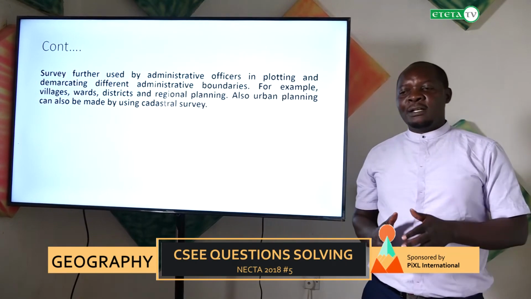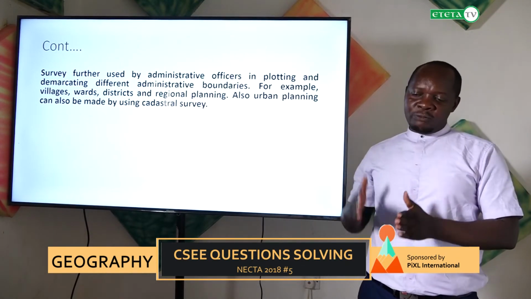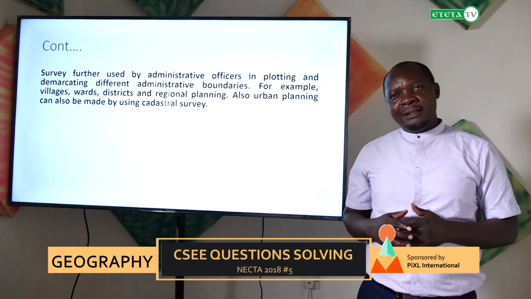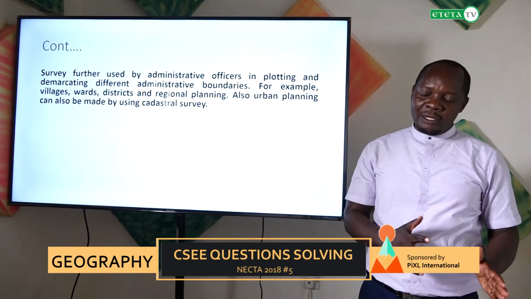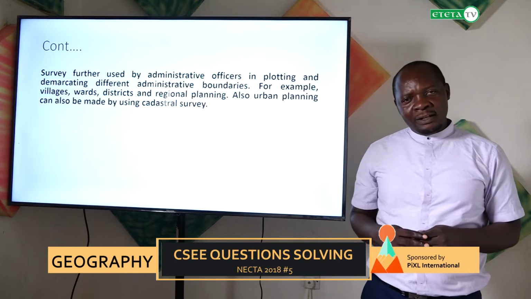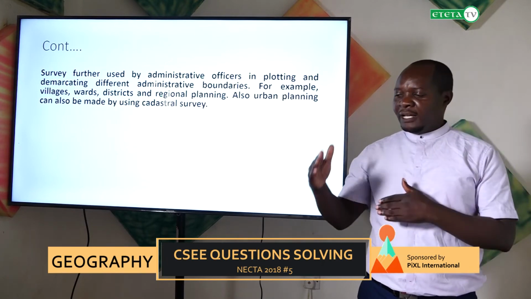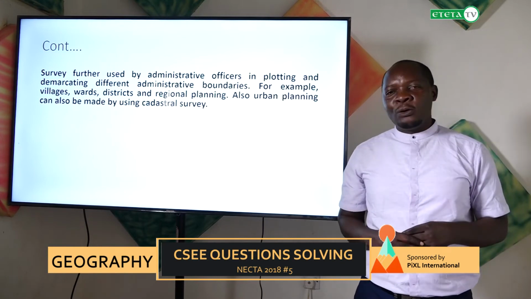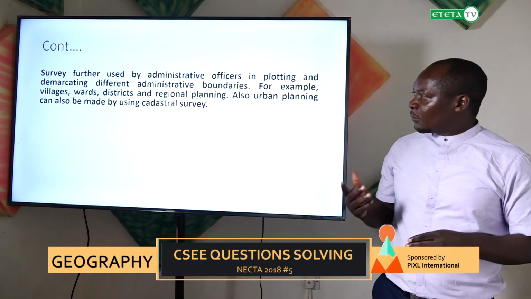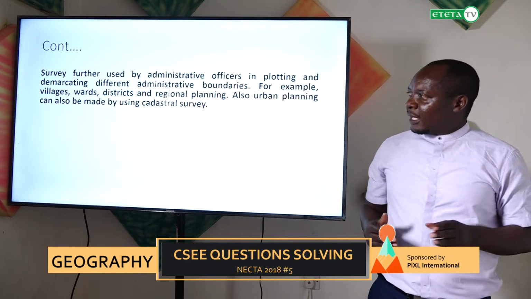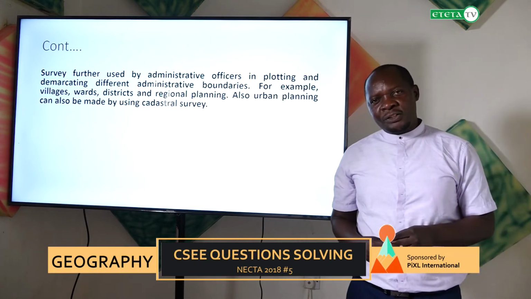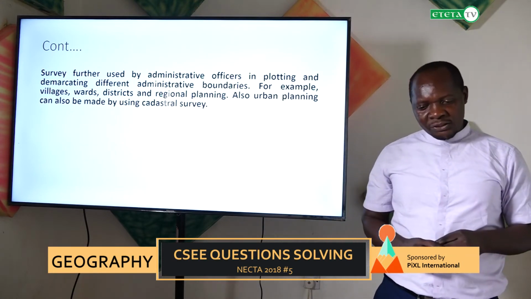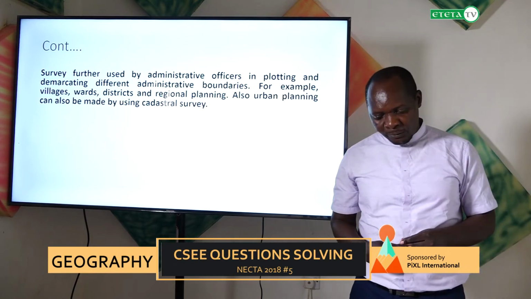For example, the demarcation between one village and another, one district and another, one region and another, survey is used. And very particularly what we call cadastral survey is very much used when making demarcations of various administrative boundaries.